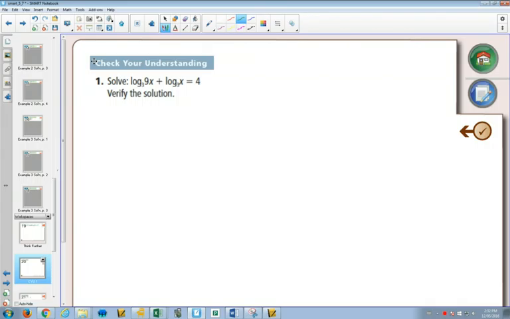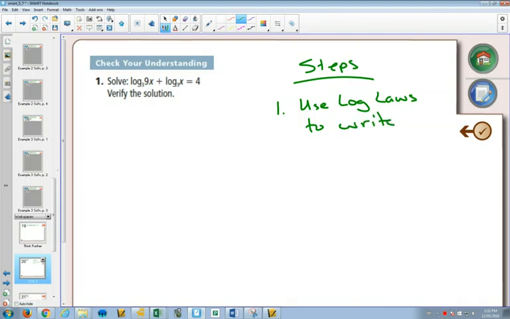So as far as our steps go, first we're going to use our log laws to write our log as a single logarithm.